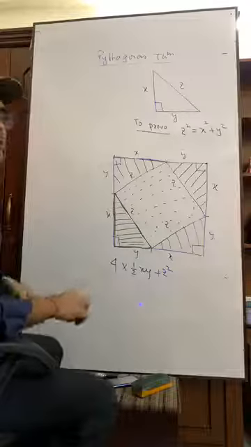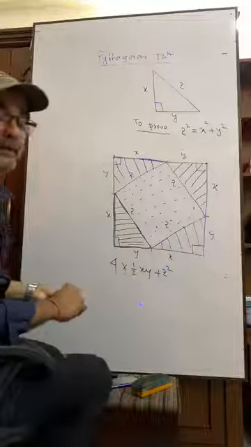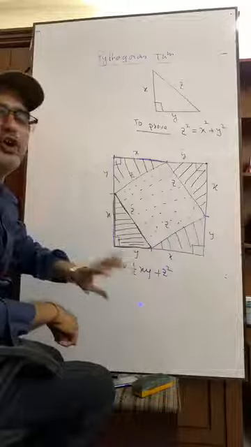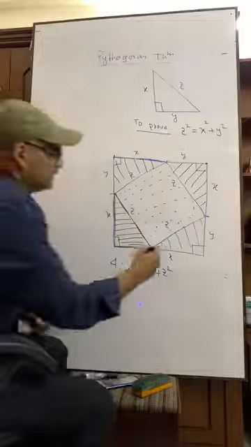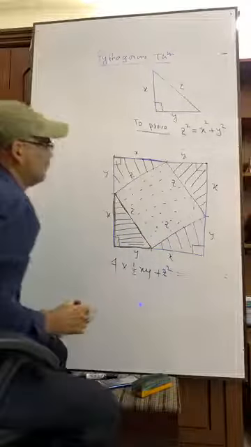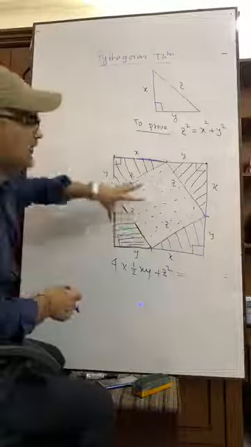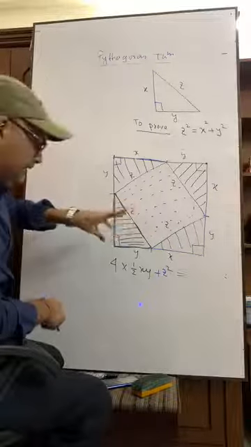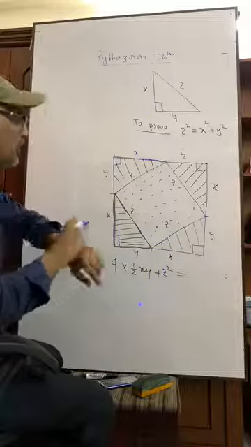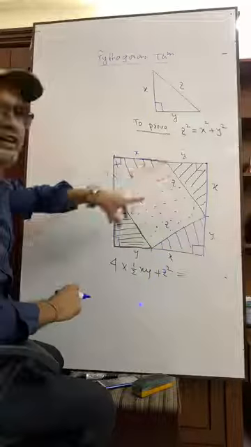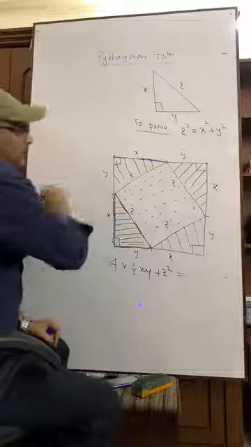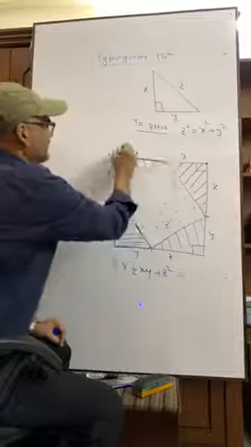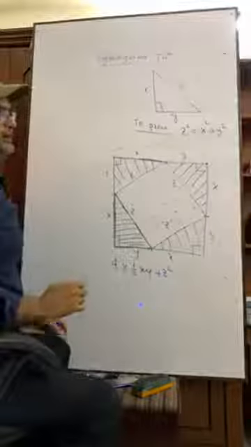If the length of one side of a square is z, its area will be z square. Very good. So what we have done is taken the areas of all the figures. There are 5 figures here. Now the area of the whole square is what?